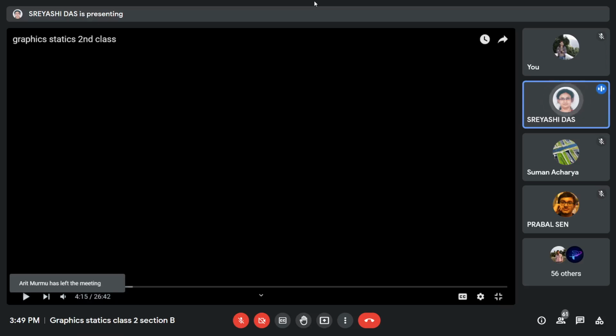Those are portal frame structures, and the other is the truss structure. For the truss structure also, we will see how graphically we can find the reactions. So I'm playing that part in video.